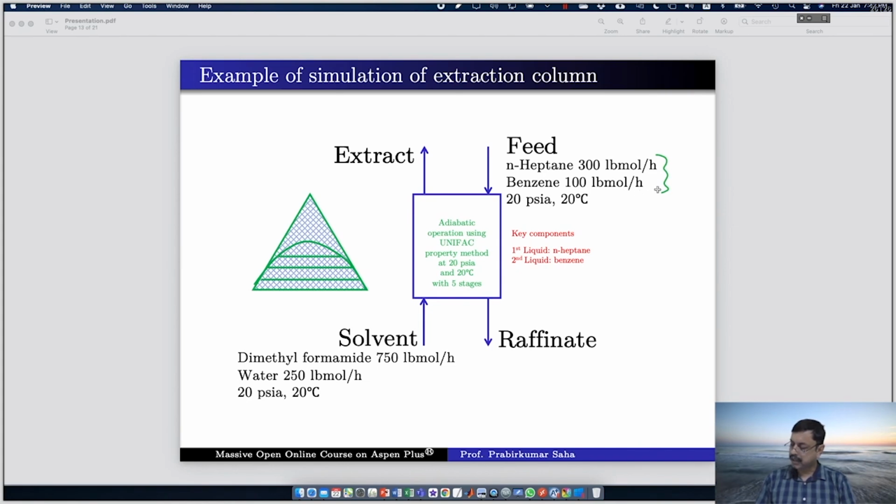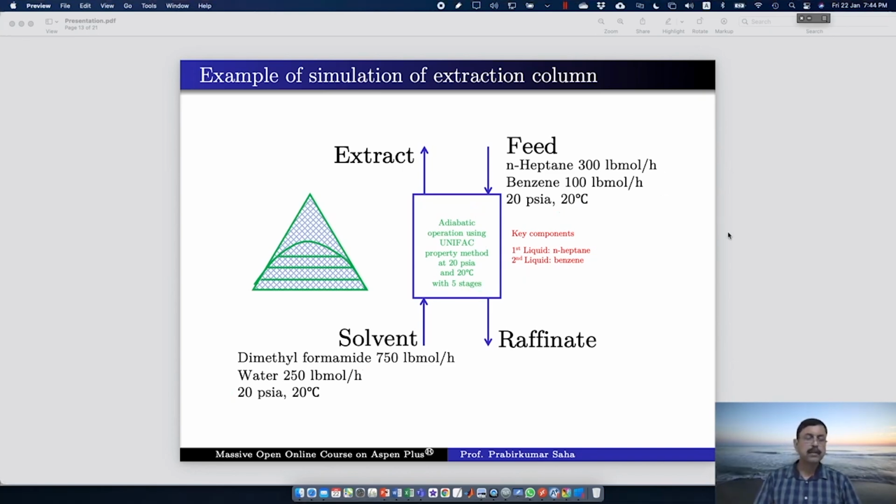Pressure and temperature are given. The solvent is a mixture of dimethyl formamide and water. Their flow rate and temperature are also given. The column is operating adiabatically using the UNIFAC property method with 5 stages. The key components are: the first liquid is N-heptane, the second liquid is benzene.